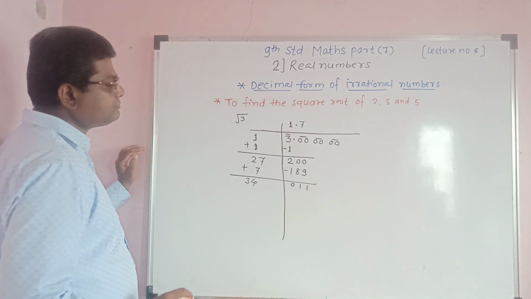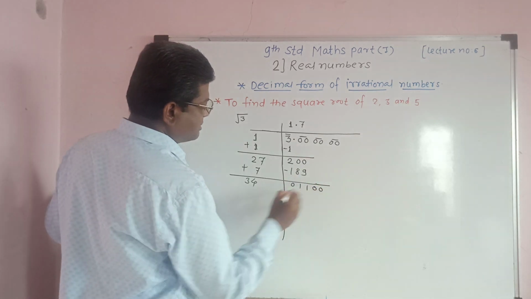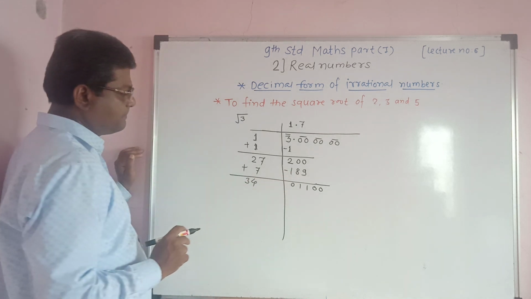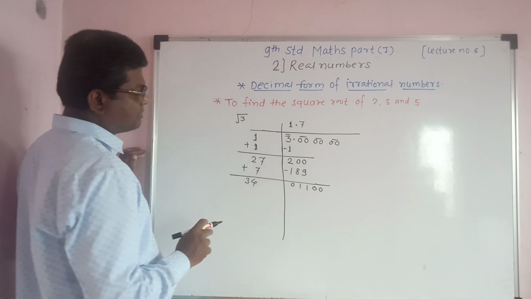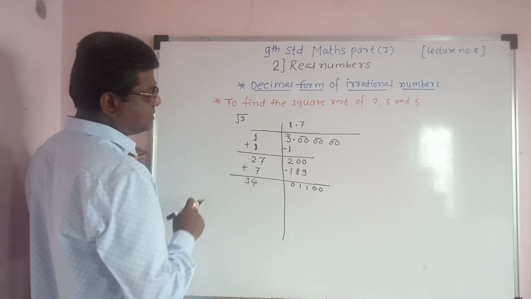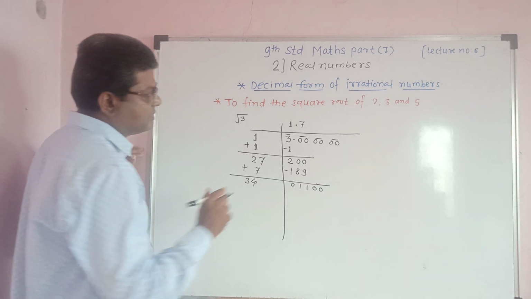Now take another 2 zeros on this 11, so the number will be 1100, and select a number on this 34. For this purpose, divide 11 by 3. If we divide 11 by 3, 3 3s are 9, we get a 3.